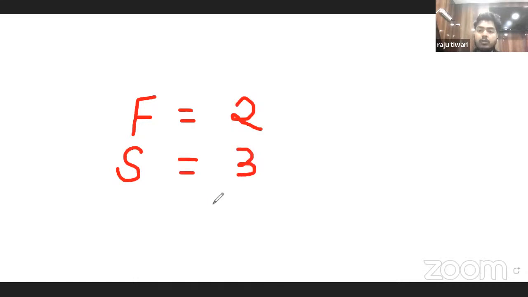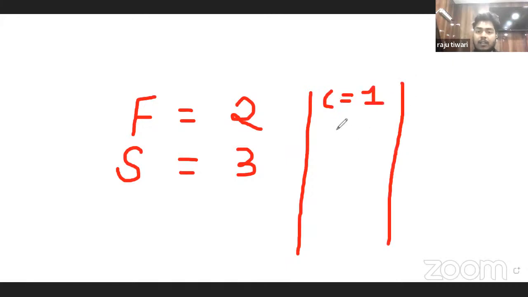Now there will be a choice, so I can choose what operation I want to perform. Suppose C is the variable for choice. If choice becomes 1, we will add the 2 numbers, first plus second. If choice becomes 2, we will subtract, first minus second number.